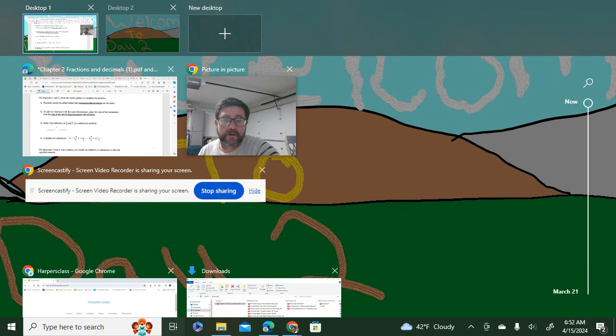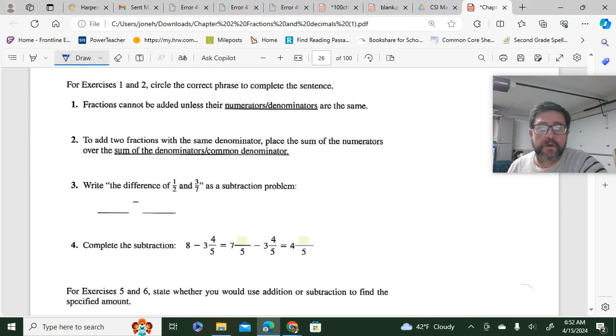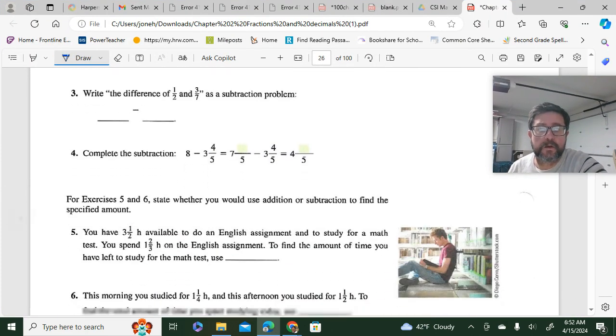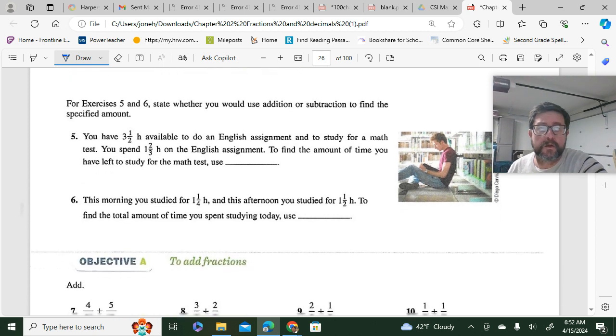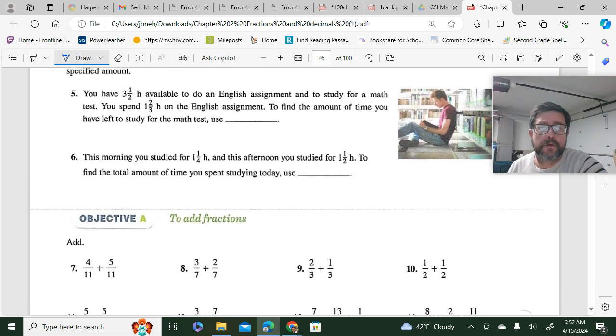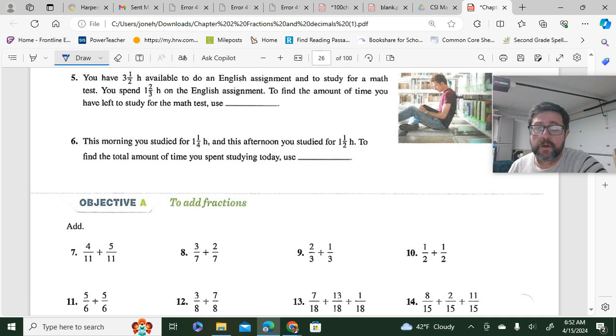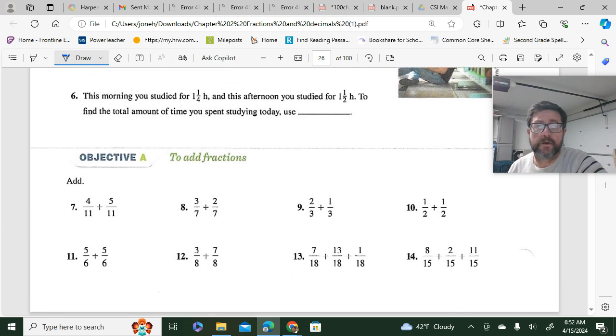Do the fractions. Do them all, guys, because this is important stuff that you do repetitively.